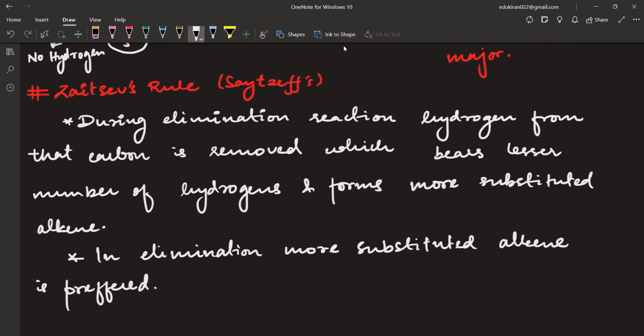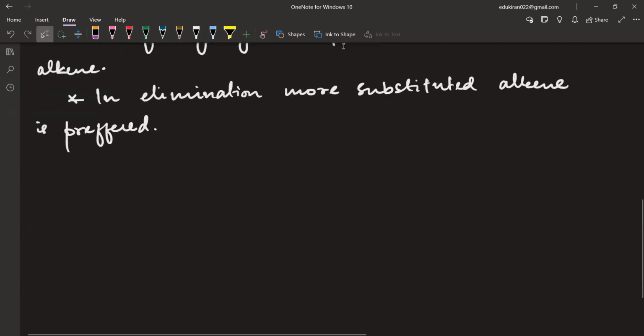So the alkene which has more alkyl groups around the double bond. Right, next. They can ask you a direct question.